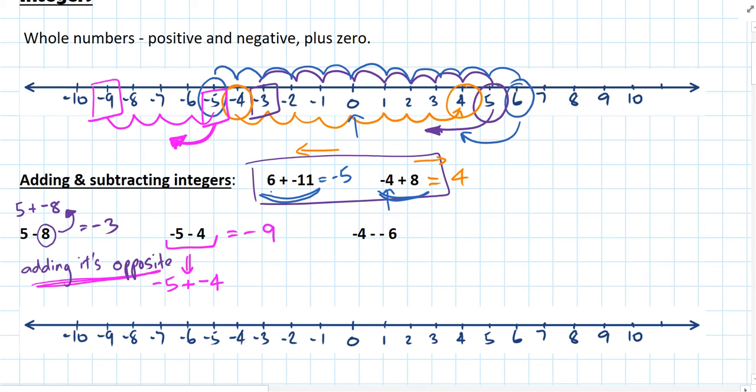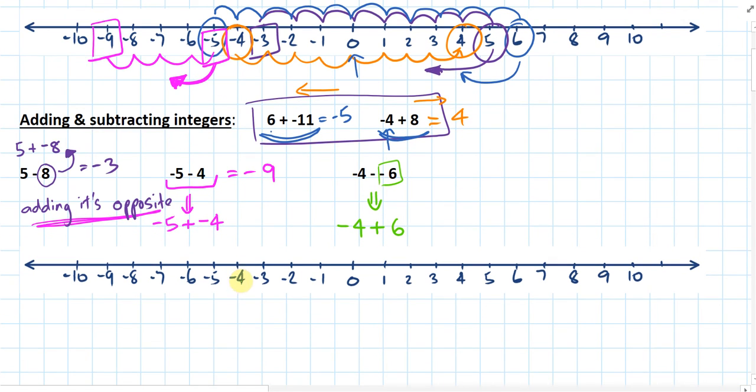Okay, this last one here, negative 4 minus negative 6. That's the same as saying negative 4 plus, what is the opposite of negative 6? It is 6. So negative 4 is, we use this next number line, negative 4 plus 6, 1, 2, 3, 4, 5, 6.